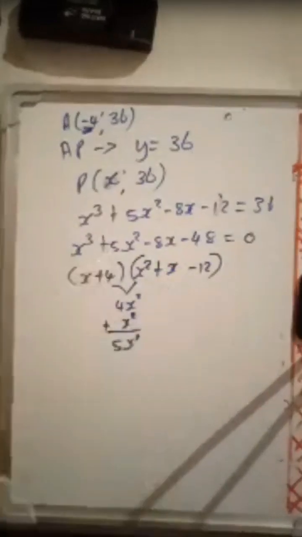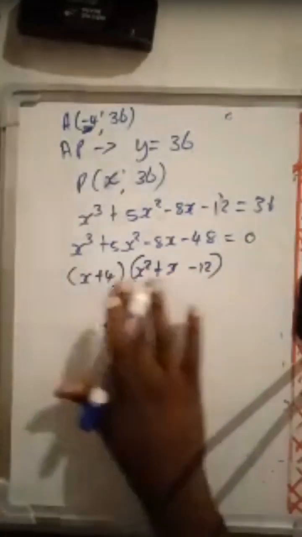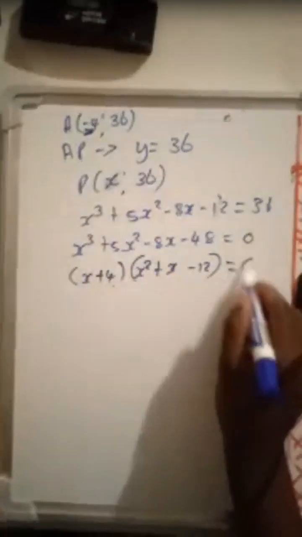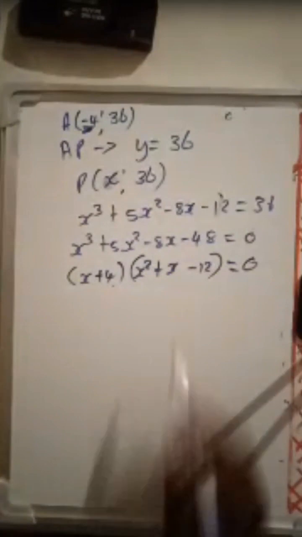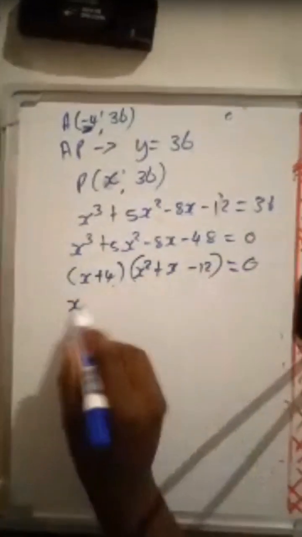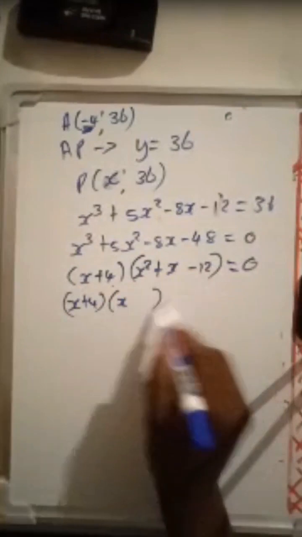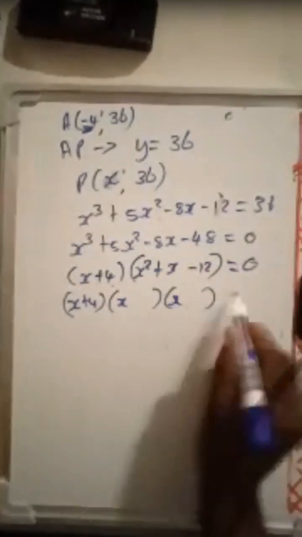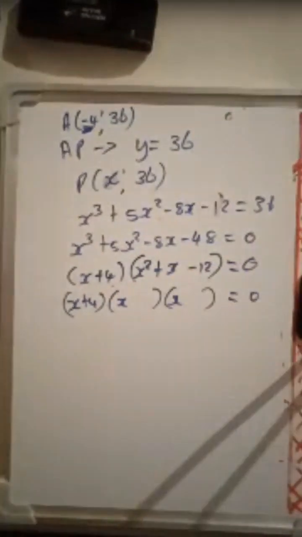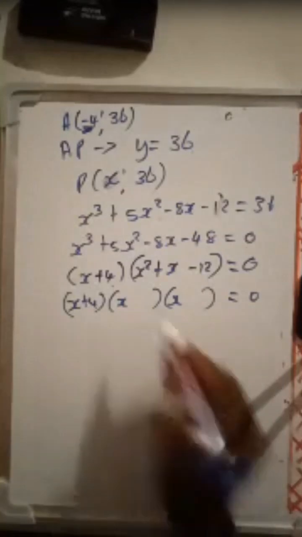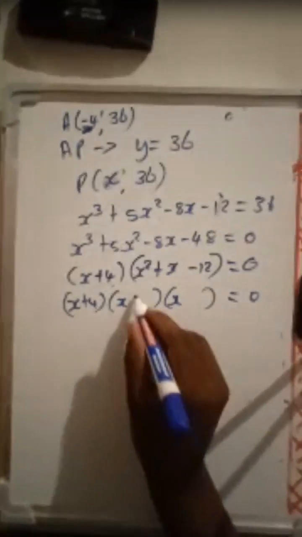Okay, so this one is easy: x plus 4, then that one, x squared plus x minus 12, equals 0. Factorizing that one, two numbers that if I multiply I get negative 12, if I add I get 1. That is positive 4 and negative 3.